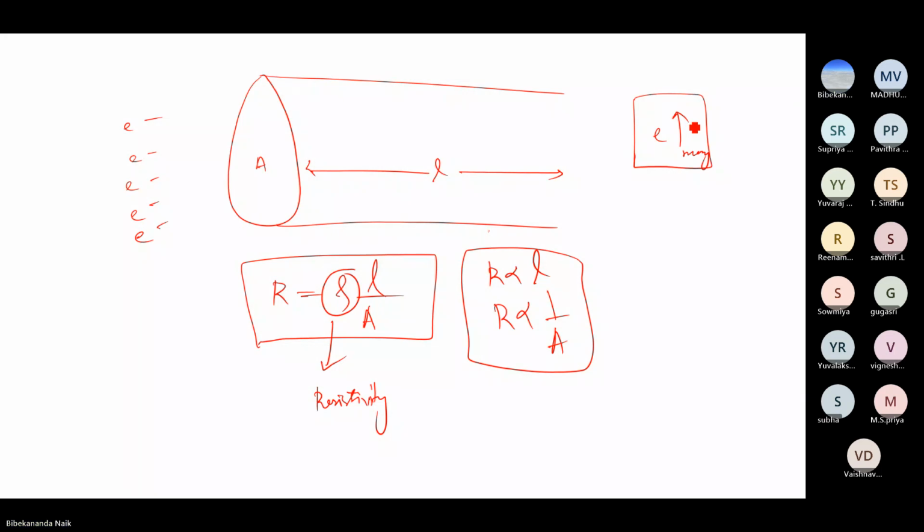When you increase the temperature, there is thermal agitation, and due to thermal agitation, there is collision or vibration of the particles. So due to the presence of a large number of particles, they collide more frequently with each other, due to which the resistance increases. So in case of metal, if temperature increases, the resistance increases.